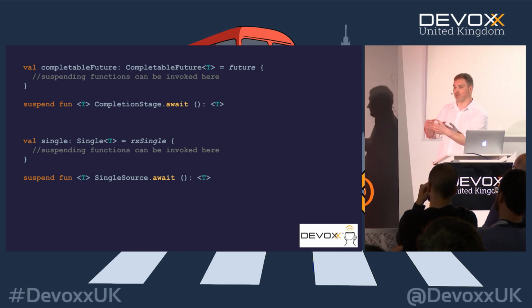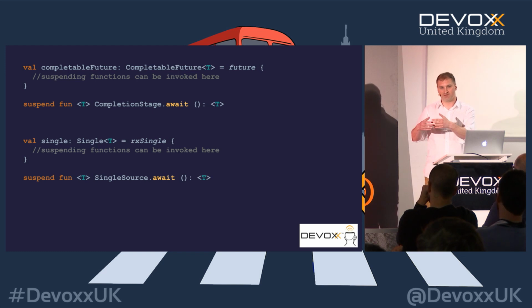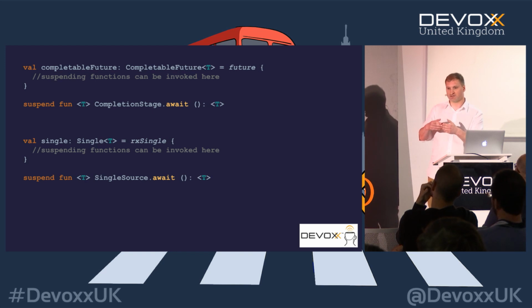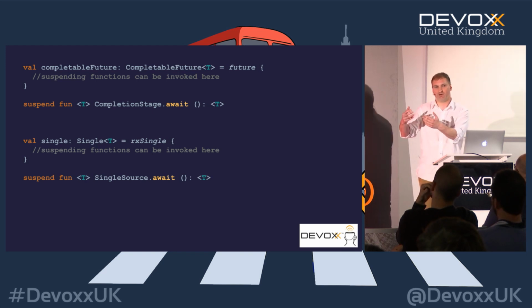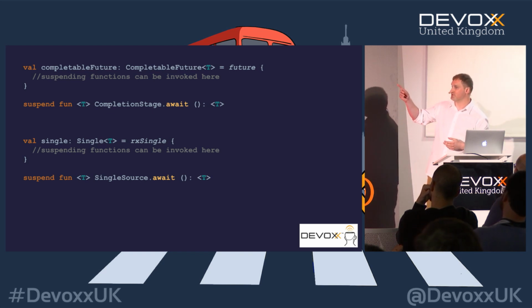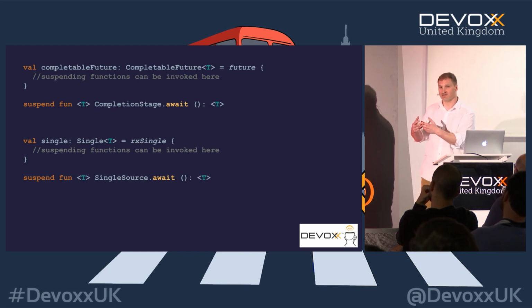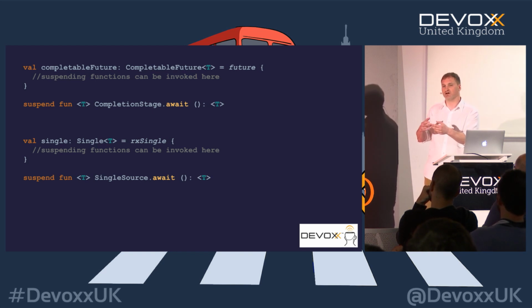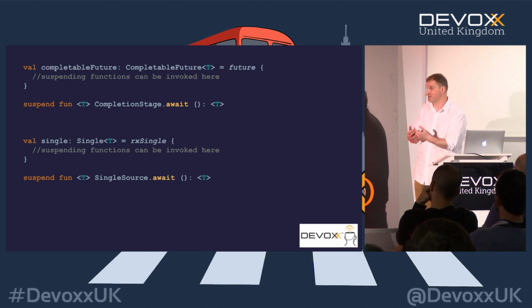And the other way around, if you're using suspending functions, if you're using coroutines, and you want to use some API which provides only CompletableFuture, then you can use an await function. So this is an extension function. So in Kotlin, you can have extension functions, which means you can define your own functions on existing types.